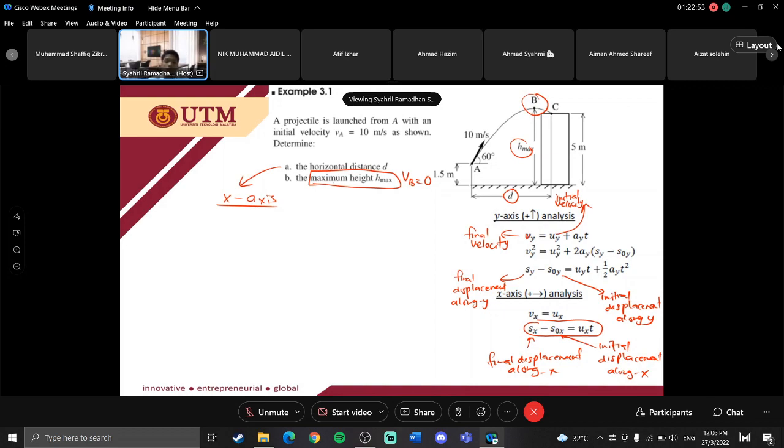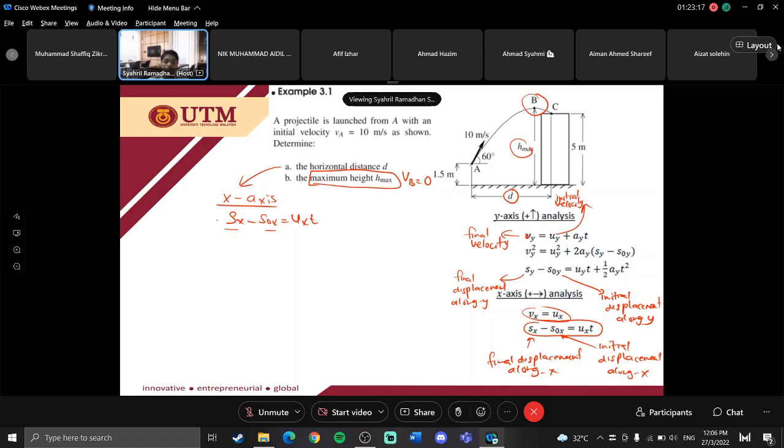This is the equation you can use to determine the horizontal distance because it represents displacement. For this case, Vx is equal to Ux: the initial velocity is equal to the final velocity along the X component.